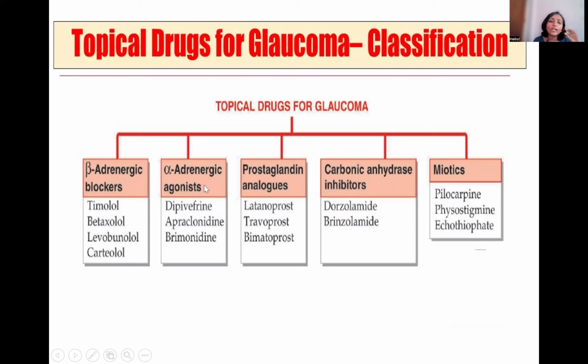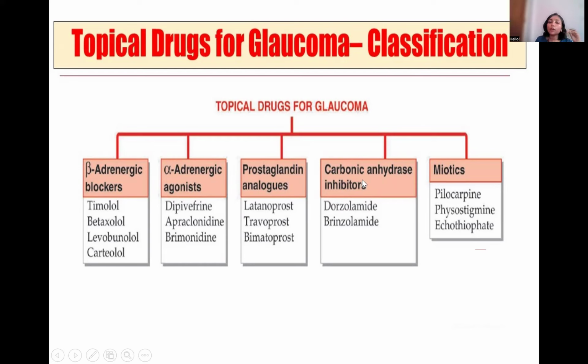Then which are the alpha adrenergic agonists? Dipivefrin, and of course adrenaline also comes here: adrenaline, dipivefrin, apraclonidine, and brimonidine. Now come prostaglandin analogs, a very important class of drugs: latanoprost, travoprost, and bimatoprost.